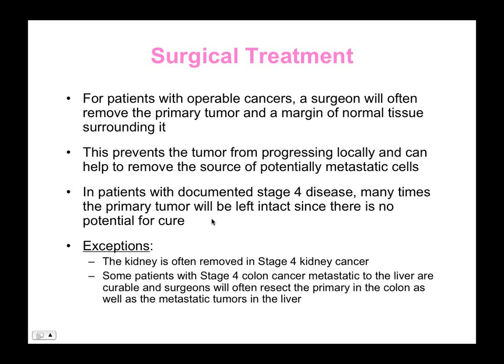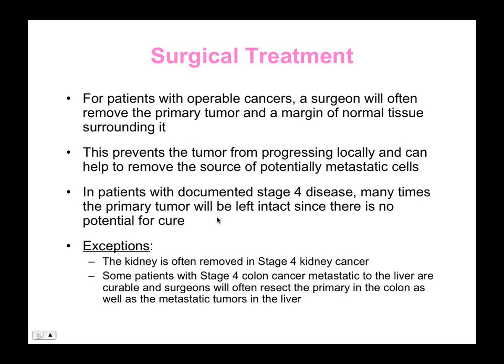There are, again, always exceptions, and one example is in kidney cancer. The kidney, even in stage 4 kidney cancers, is often removed, and that is associated with better survival in kidney cancer patients. And again, I mentioned before that there actually are some stage 4 colon cancer patients who have disease that has spread only to their liver, and so these patients may be curable over the long term, and the surgeons will often be aggressive with these patients, resecting both the primary tumor in the colon as well as the metastatic tumors that are in the liver.